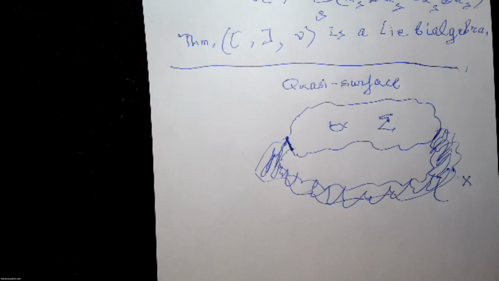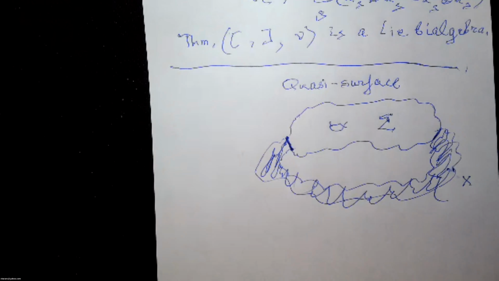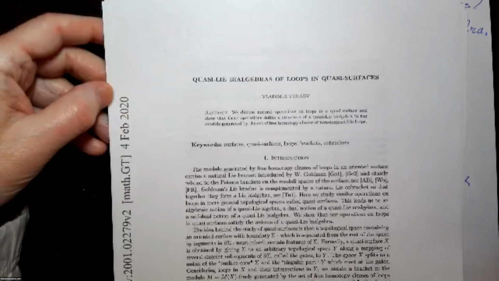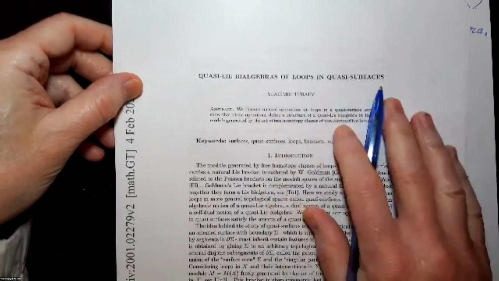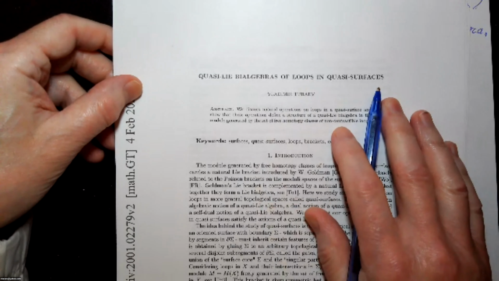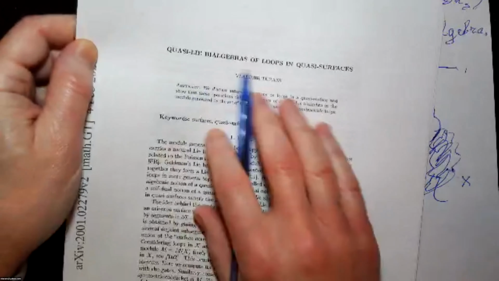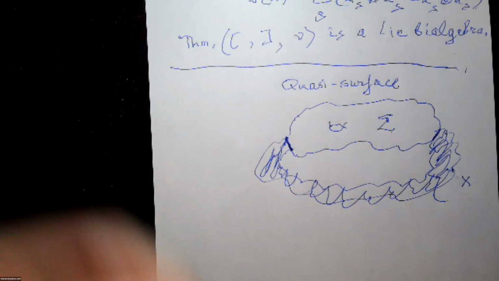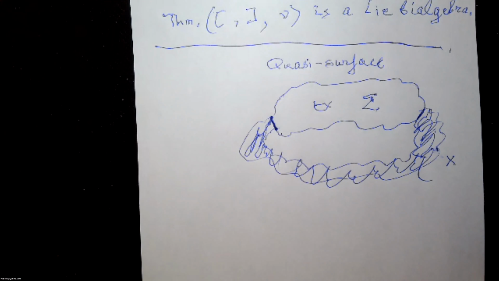It is done in my preprints, for example, the last one was published in 2020. Loops, you can see from the title, quasi-surfaces are strange things like that. Quasi-Lie bialgebras are analogs of those structures for them.